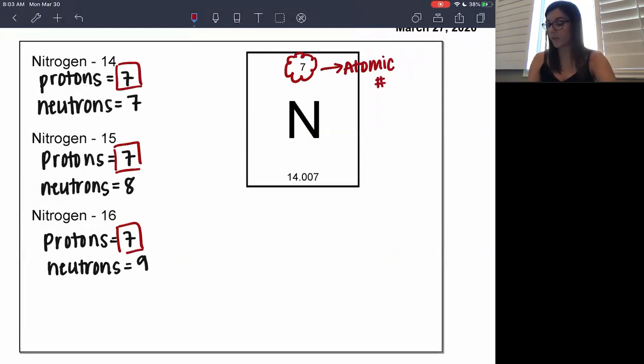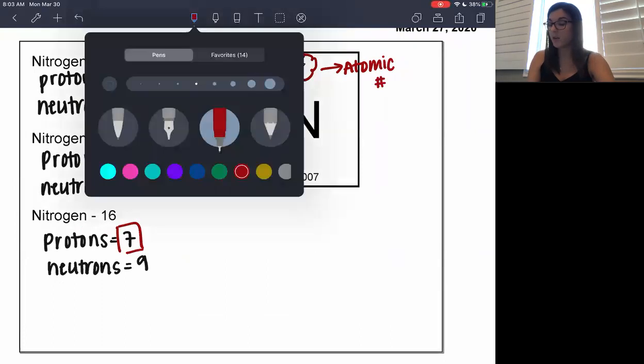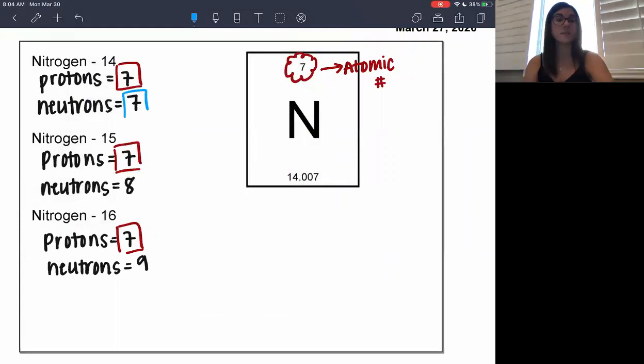The other part of my definition is that my number of neutrons must be different. As I look, 7 neutrons, 8 neutrons, 9 neutrons. This matches up. So nitrogen-14, nitrogen-15, and nitrogen-16 are all isotopes because they all follow that definition. They have the same number of protons.